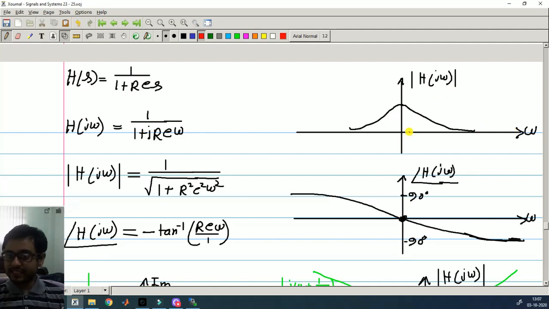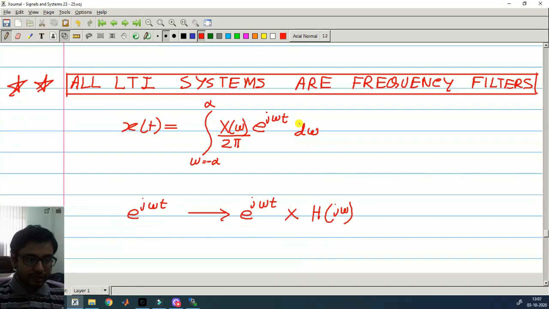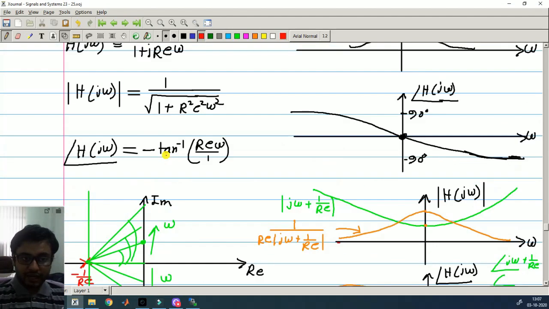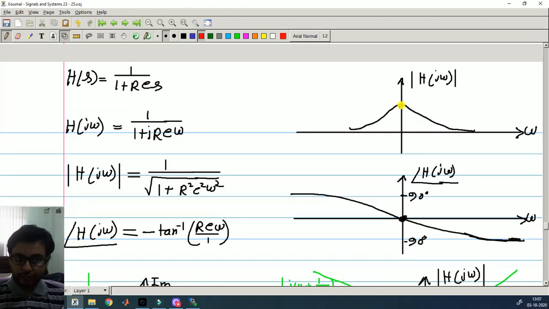So if you give input of this form, e to the power j omega t, you will get large output when frequency is small and small output when frequency is large.